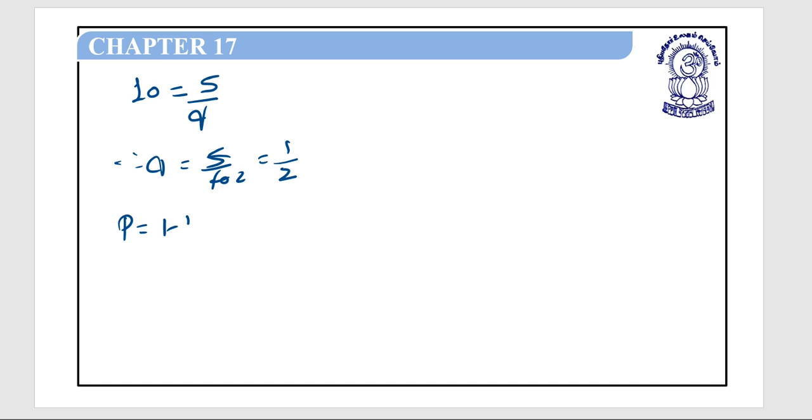So p is equal to 1 minus 1 by 2, is equal to 1 by 2.